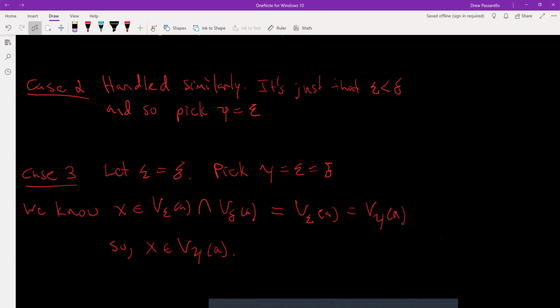The intersection is the same as the neighborhood itself. As far as epsilon intersect delta, that's the same thing as the epsilon neighborhood intersect the epsilon neighborhood. Well, that's the epsilon neighborhood. And then since gamma is equal to epsilon, that's equal to the gamma neighborhood. So x is in the gamma neighborhood. All right, and that was the proof for number 1.